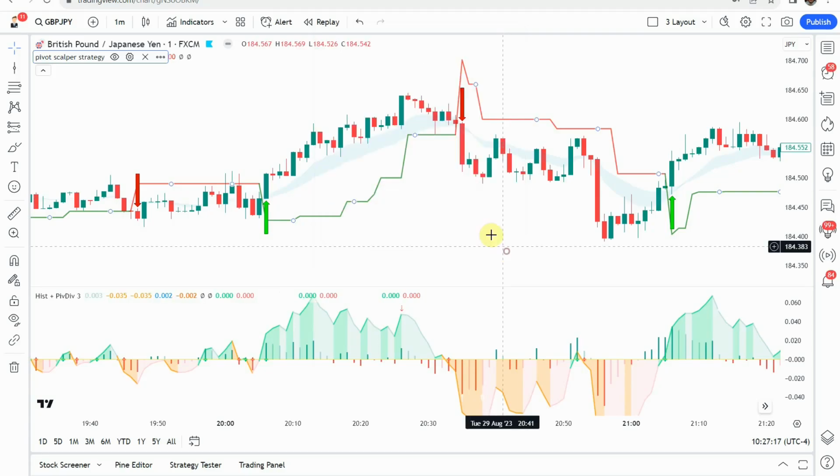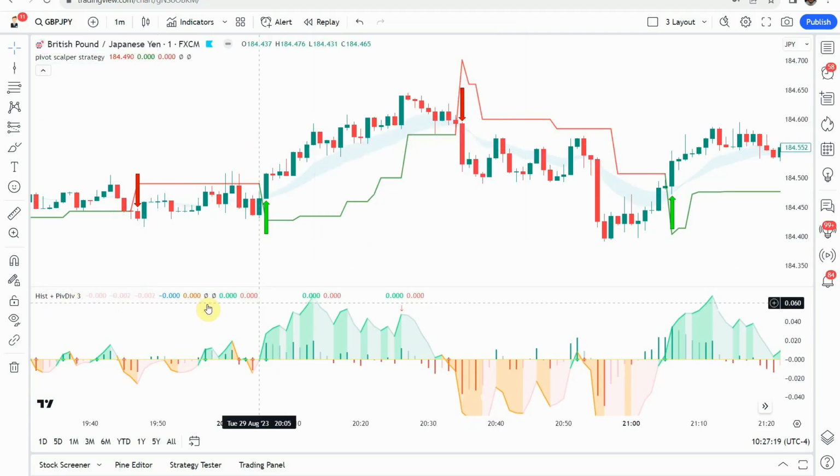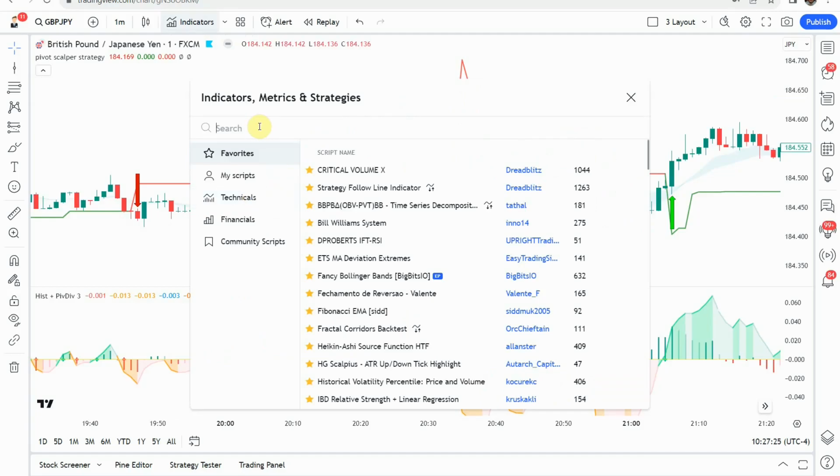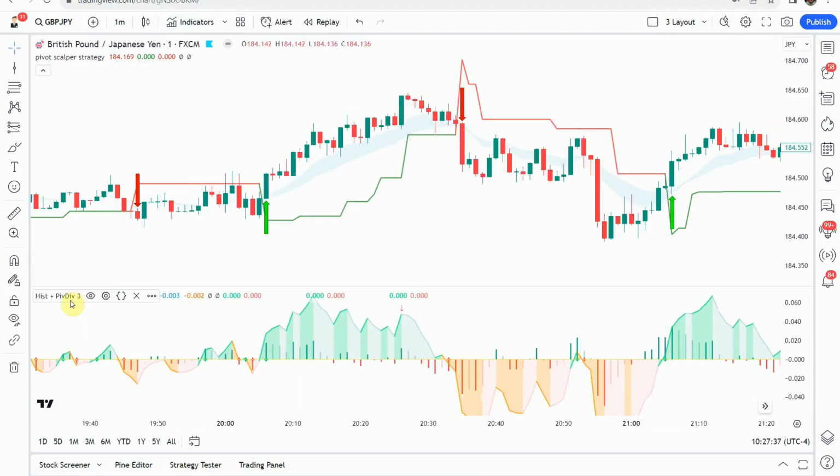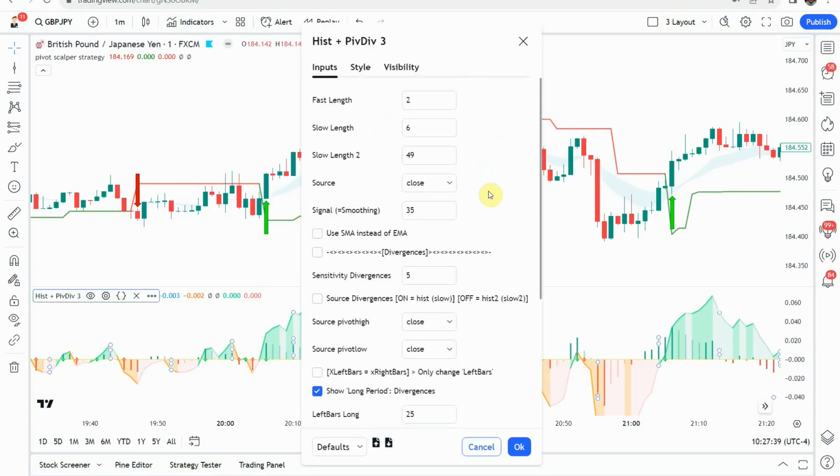And then you'll go into the inputs and you'll change the inputs to this right here according to the source video. Then the next indicator that we have here on the bottom of the screen is the histogram MACD with divergence. And so you will type in the histogram, this one right here, histogram MACD with divergences, and you'll add that one to the screen here on bottom.